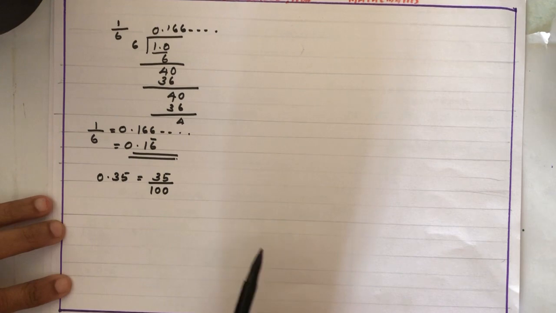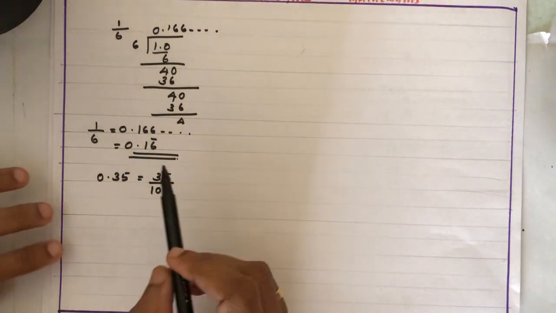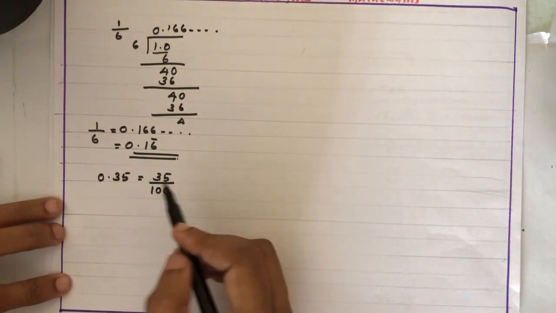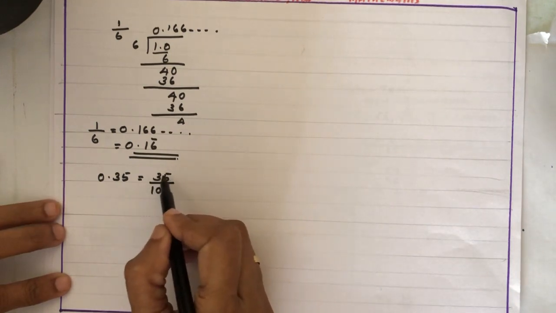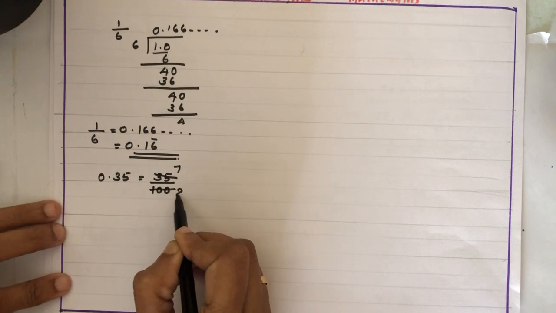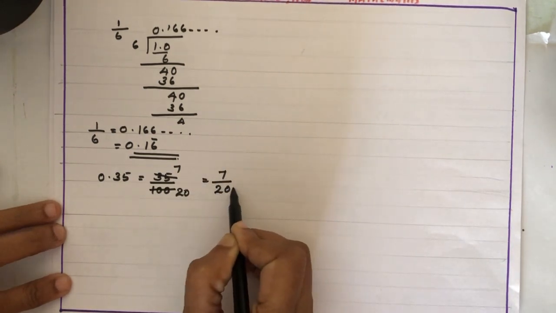But usually we write the rational form in simplest form. Here both numerator and denominator are divisible by 5, so we can cancel: here 7, here 20. So it is 7 by 20.